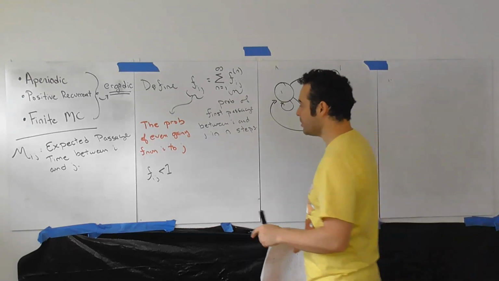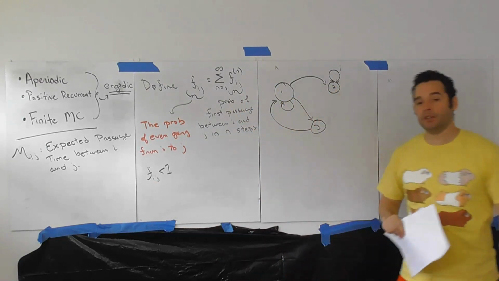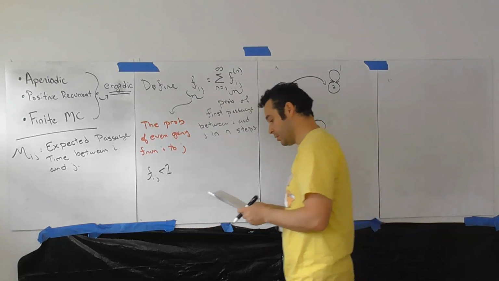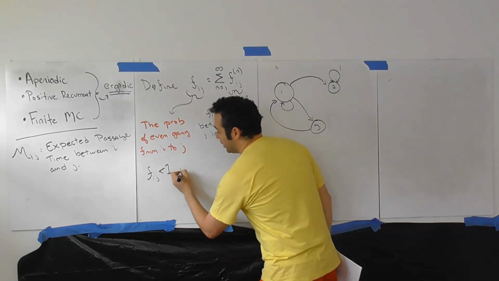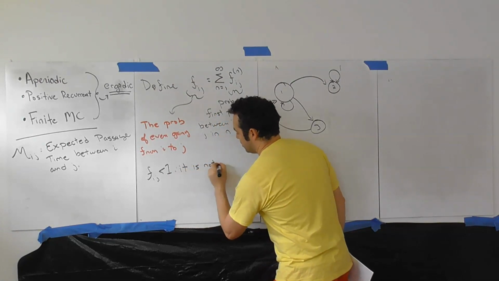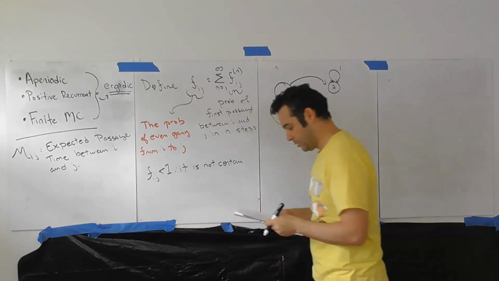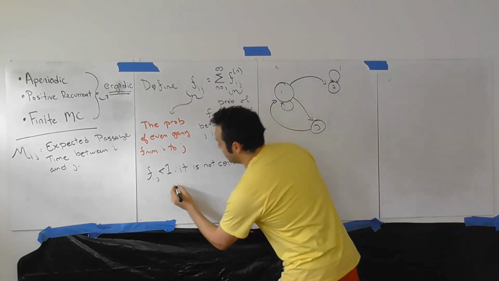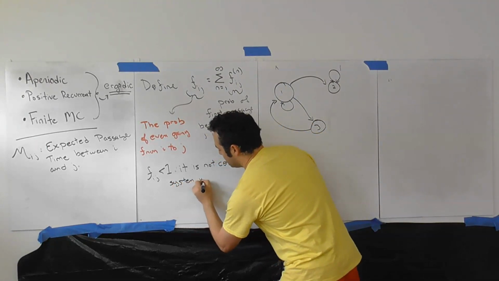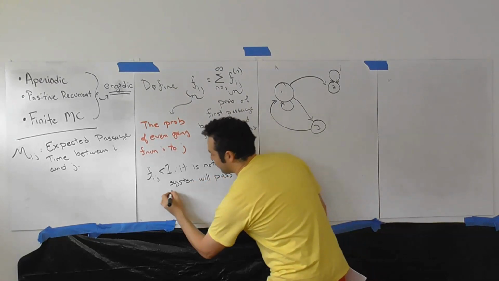So again, if Fij, the probability of going from i to j, is less than 1, it is not certain the system will pass from i to j.